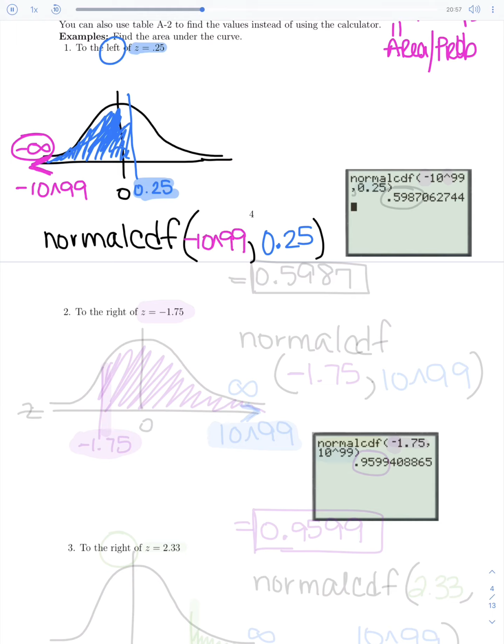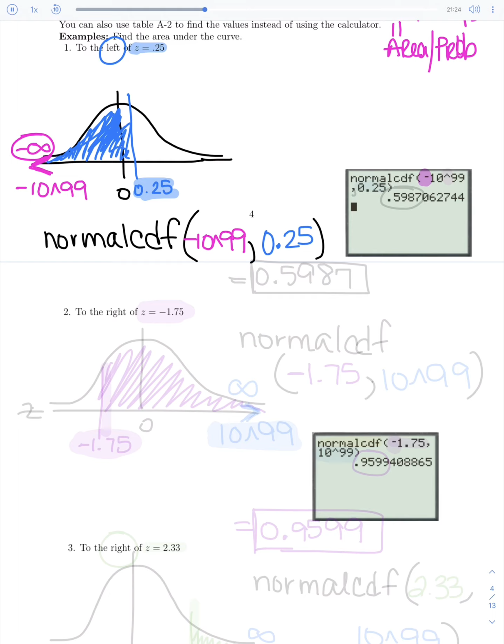And let's see what my calculator does for me. To do the normal CDF, as a reminder, you'll do your second, then your vars or distribution key. You're going to arrow down to normal CDF. And remember, you'll start with your negative 10 to the 99th. Be careful that when you type in the negative 10 to the 99th, you use the negative key and not the minus key.